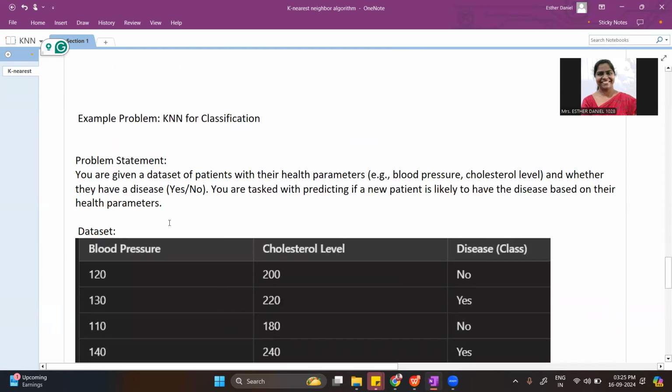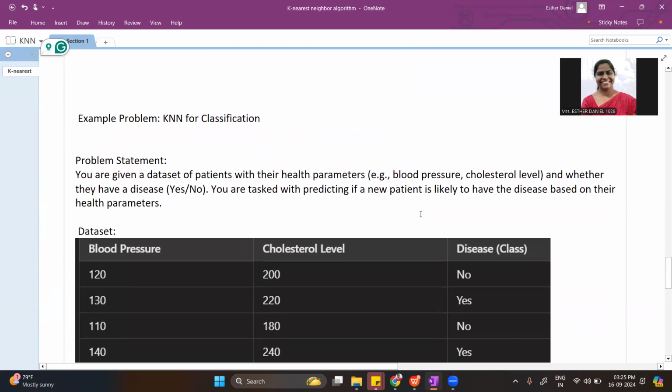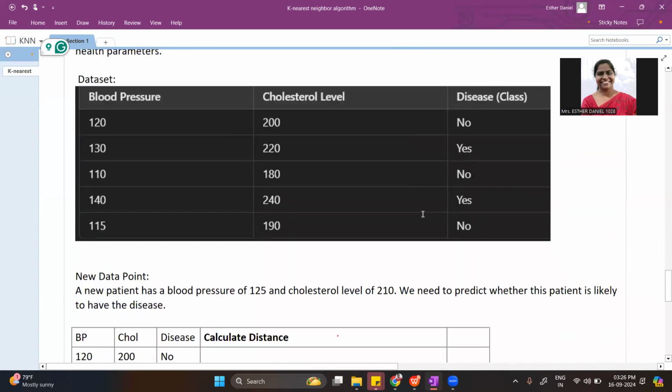Now we will see a small example. For the KNN classification algorithm, we are given a data set of patients with the health parameters of blood pressure and cholesterol, and this is the label. The class label is either yes or no, whether they have the disease or not. You are tasked with predicting if the new patient is likely to have the disease based on the health parameters.